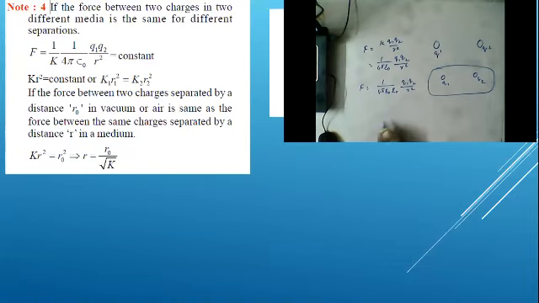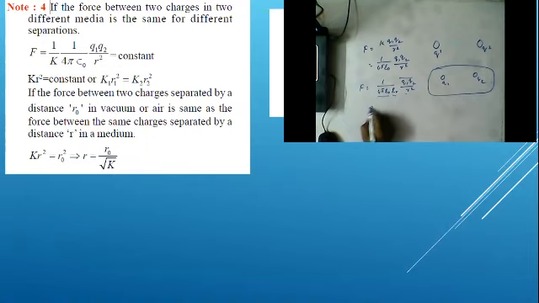How can we write this, guys? If you clearly observe, here we can write epsilon R square. 1 by 4 pi epsilon Q1 Q2, all these terms are constant. What we are left with is epsilon R square.